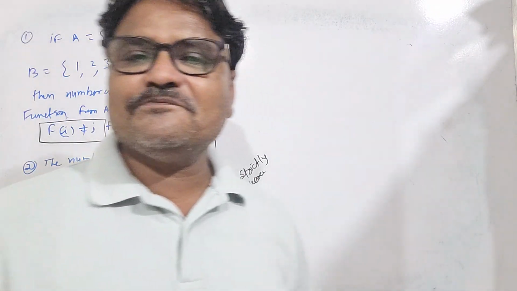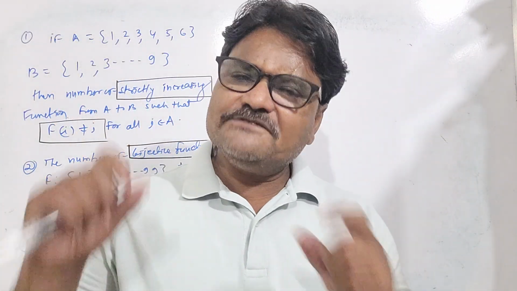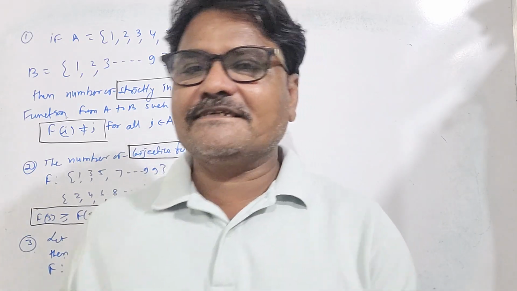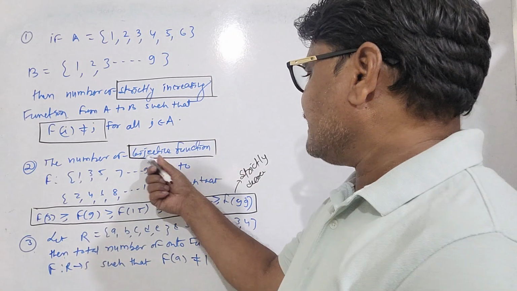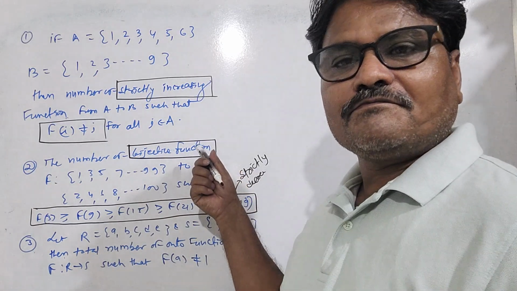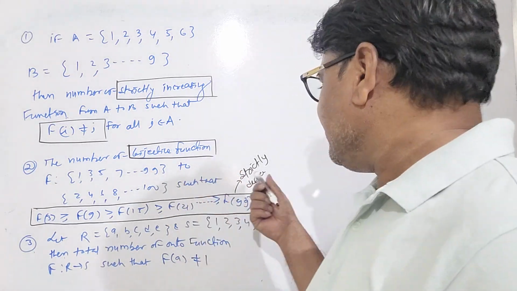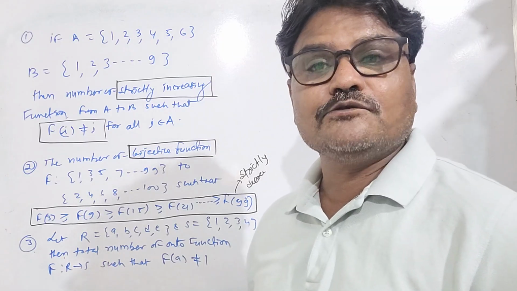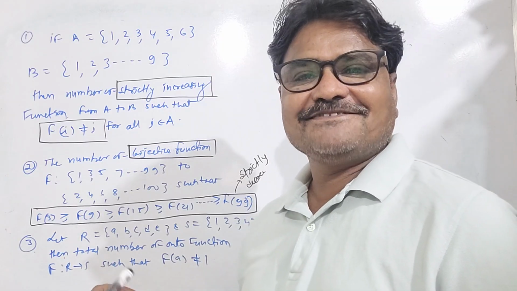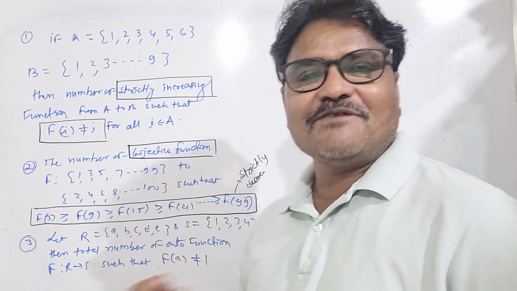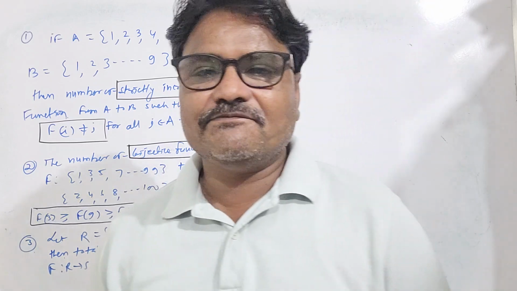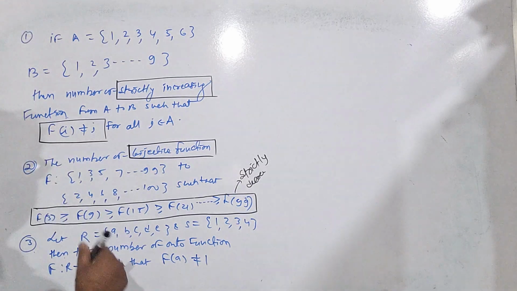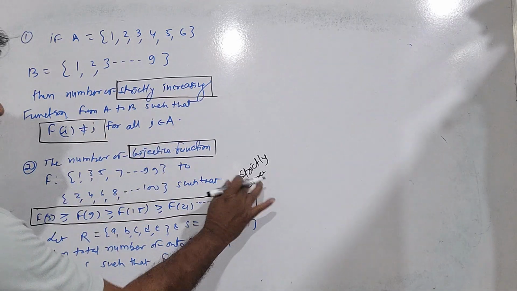So the first question is of a strictly increasing function, meaning a one-one function. The second question is strictly decreasing, but here they are asking for a bijective function. Strictly decreasing again means a one-one function. But what about onto? That is important. So there is a hint whether we have to find the one-one function or the onto function. One more important aspect: here it is strictly increasing, here strictly decreasing.